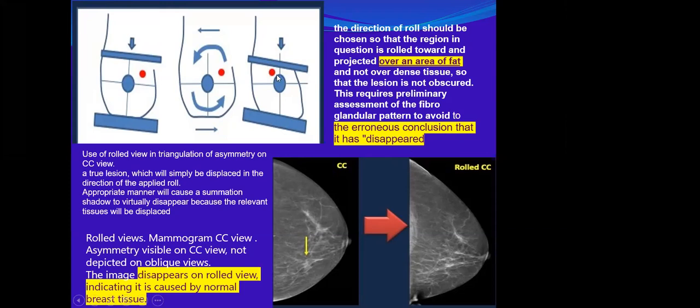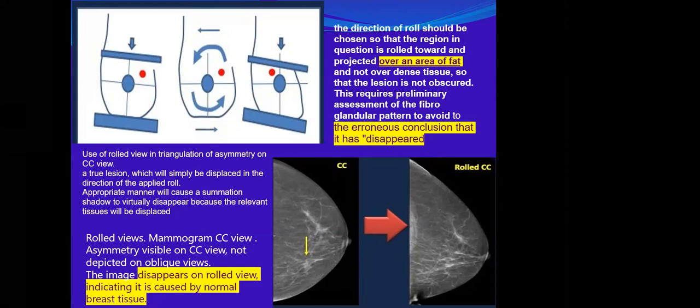If the breast is relatively dense, you might roll it and the lesion might disappear. When you roll the lesion and it just disappears into the fibroglandular tissue, it might give you the wrong impression that the lesion is not real. That is why we try to roll the lesions toward an area of fat, not toward an area of fibroglandular tissue.